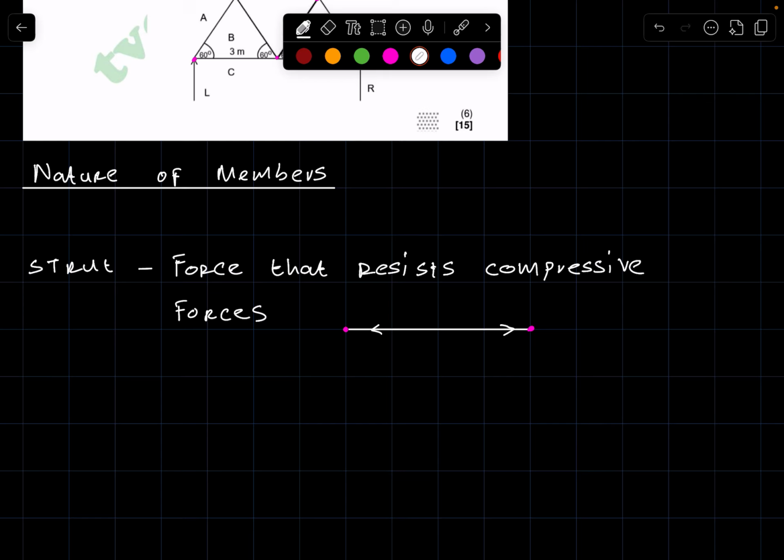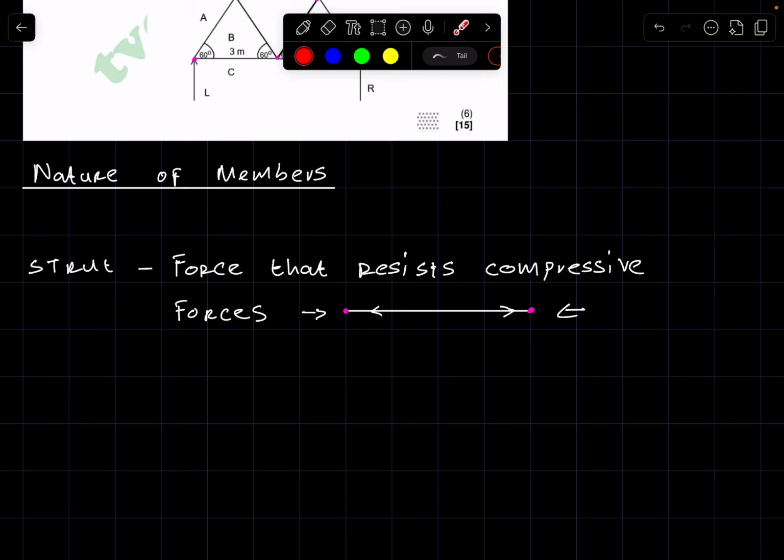What this member essentially does is that it resists compressive forces. A compressive force is one that seeks to crush a member, so a compressive force would be one that is going in this direction. So a strut member is one that resists compressive forces.